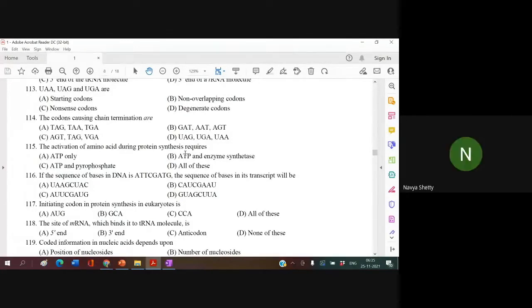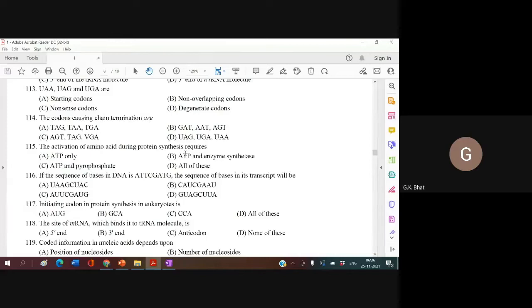Navya. Yes, sir. Is it UAA, UAG, UGA starting codons? Oh, no, sorry, sir. Just stop codons. So, UAA, UAG, UGA are nonsense codons. What do you mean by nonsense codon? They're the stop codons. A nonsense codon is one for which no normal tRNA exists.